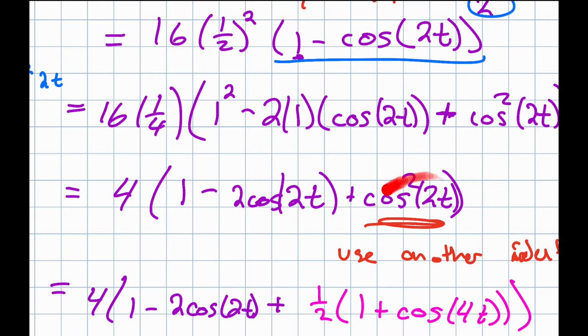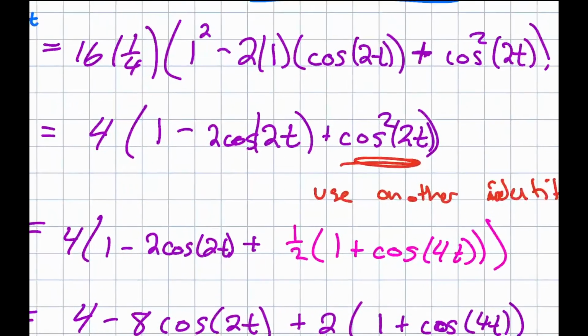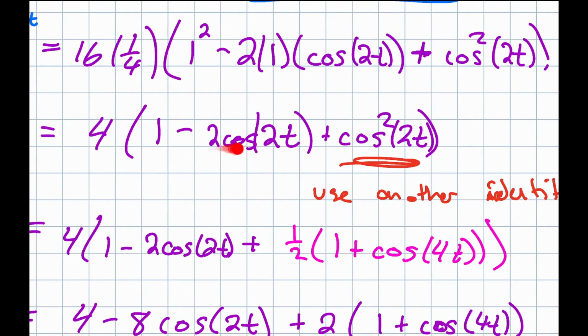Now you can see the cosine squared that I was talking about when I said we're not done because the cosine is still squared. There it is. So you get to this point right here, and this needs the identity again. So what you have to do is you just rewrite everything.